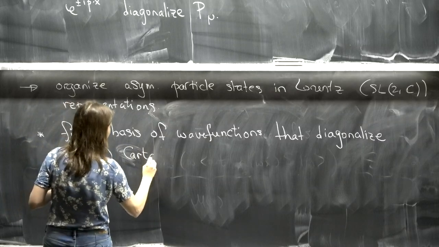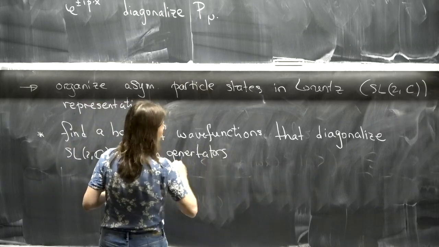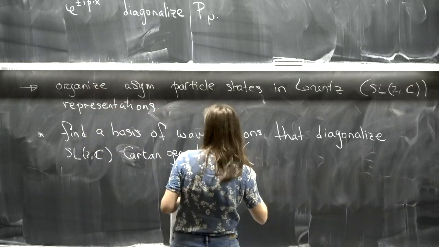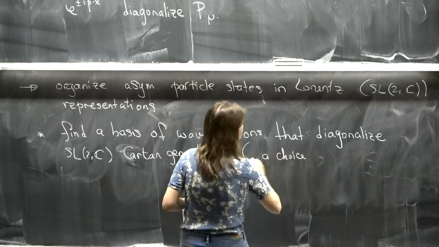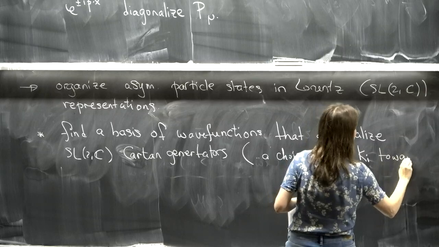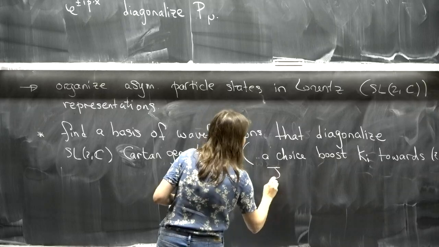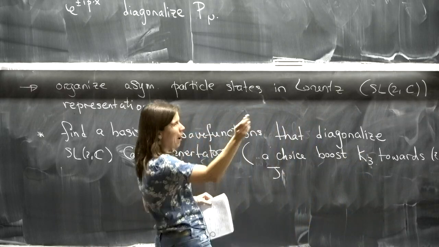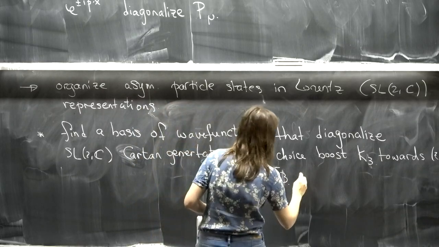Sorry, I misspoke, Cartan generators. Also the Casimir, but just like we construct SU2. So a choice could be boosts K3 towards a point z bar, where I'm choosing my axis to point in the z bar direction, and then we have the corresponding rotation generator around the same axis.